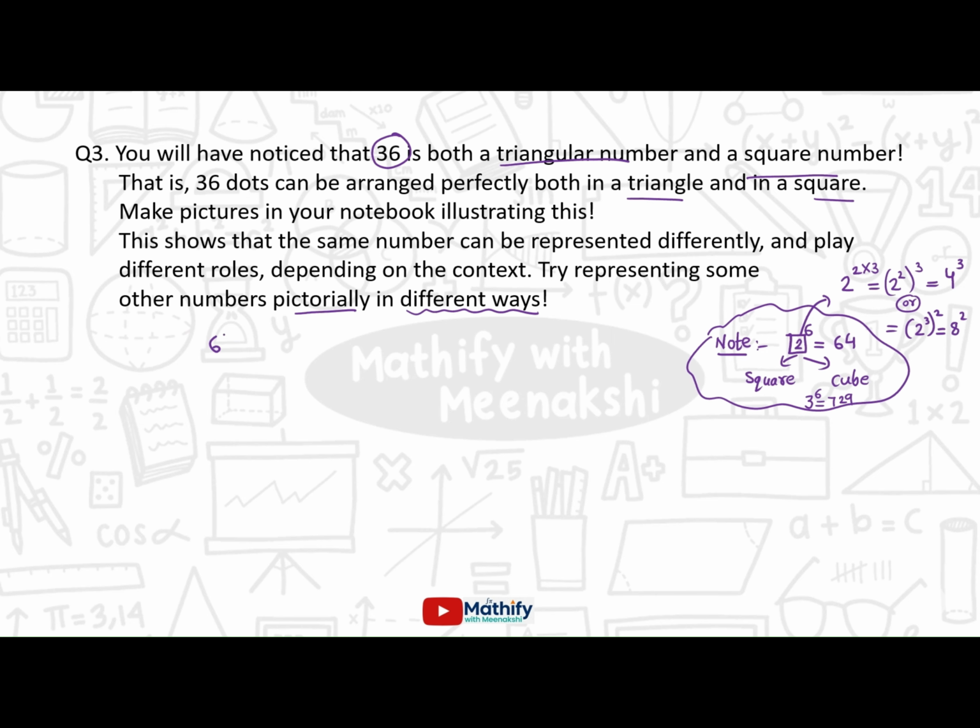So I will write this now. 64 I'm writing in two ways, in square and cube. So for the square, you will draw 8. 1, 2, 3, 4, 5, 6, 7, 8. You will repeat this 8 times. 3, 4, 5, 6, 7, 8. 1, 2, 3, 4, 5, 6. 2 we've already done, so now we're doing 6, 6, 6.